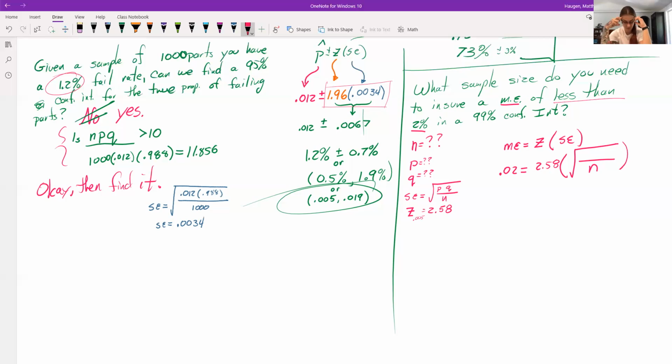So we can't do 0.99 times 0.01, and 2.58 divided by 0.02 equals 1.277? That's not how we find that? Why are we multiplying 0.99 times 0.01?